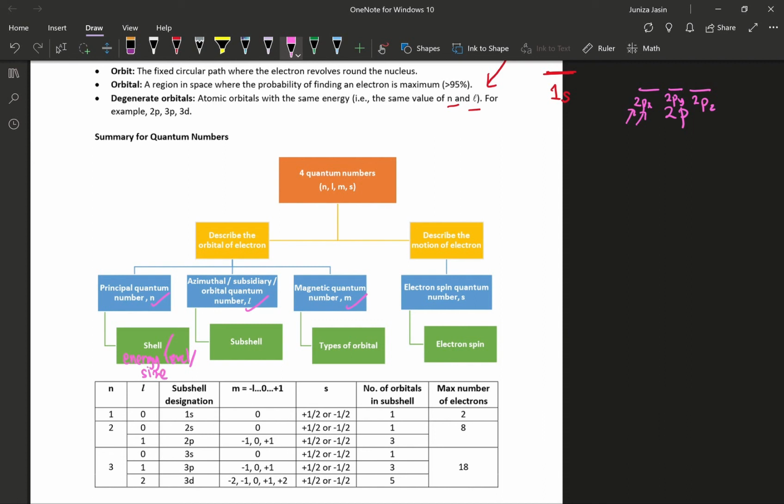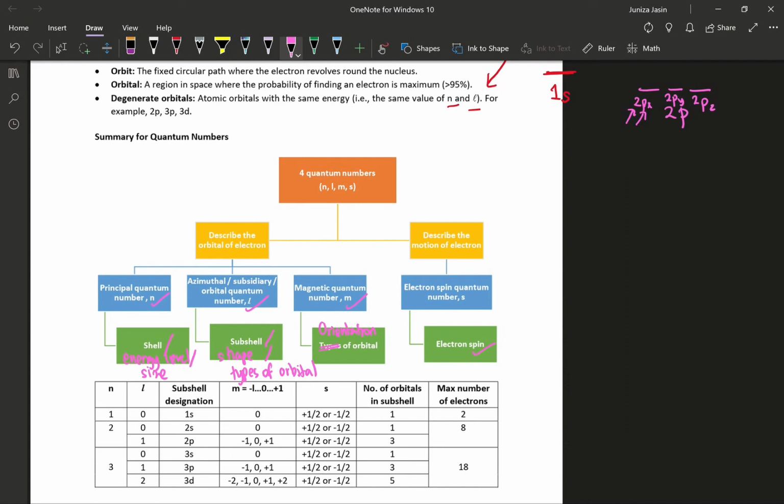But for L, L adalah subshell and then it also tells you about the shape of orbital and the types of orbital. Okay, tapi for M actually dia bukan cakap pasal type of orbital. M more to orientation of orbital. Okay, ni orbital tu pusing mana, pusing sini. Okay, and then describe the motion of electron. Satu je quantum number yang boleh describe motion electron iaitu spin quantum number.